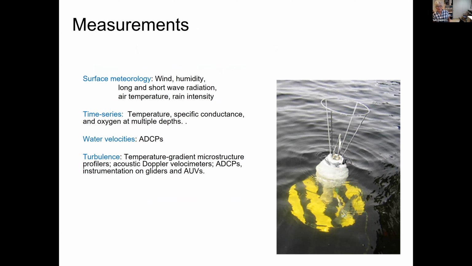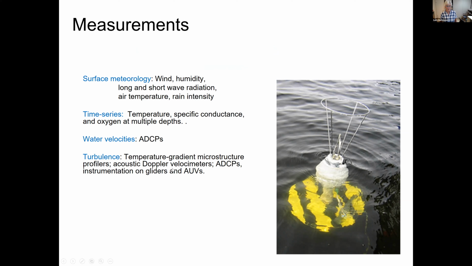Now, what kind of measurements do we make? We measure meteorology, so that's wind and humidity and long and shortwave radiation, air temperature, the intensity of rain. We do time series measurements of temperature, specific conductance, and oxygen. We measure the velocity of the water using acoustic Doppler current profilers.